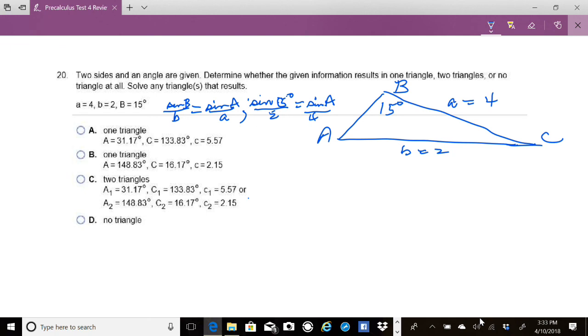So cross multiplying, we get sine of A equals 4 sine of 15 degrees divided by 2.